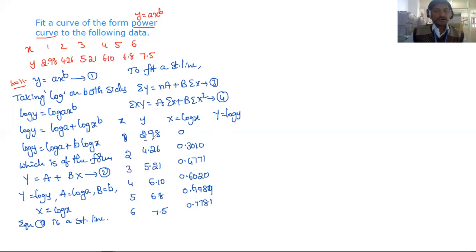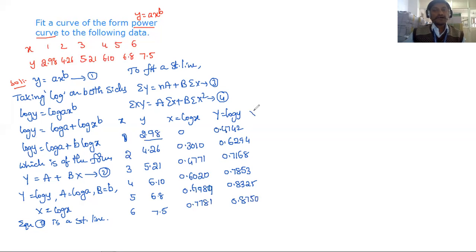It means log 2.98 is 0.4742, then 0.6294, 0.7168, 0.7853, 0.8325, and 0.8750. So this is capital Y.